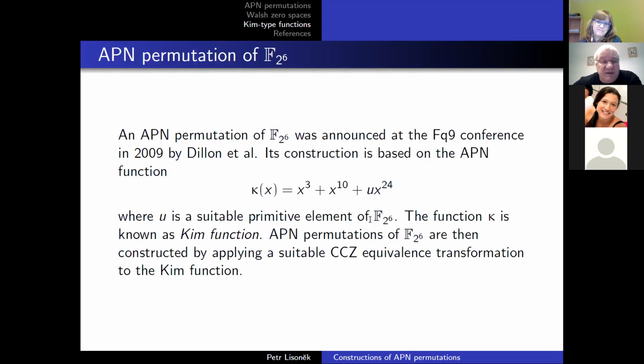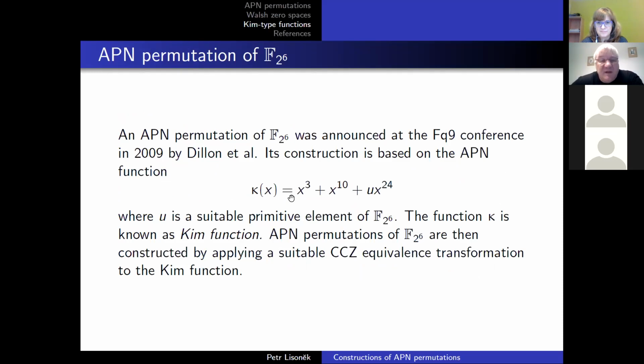So the second part, which I'll do really very quickly, is a kind of negative result, which in some sense closes a certain sequence of papers or investigations in a certain direction.